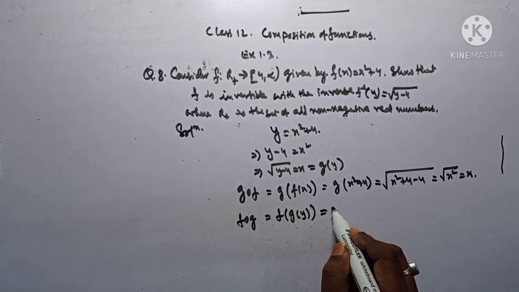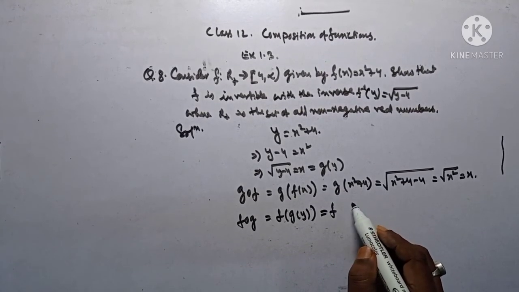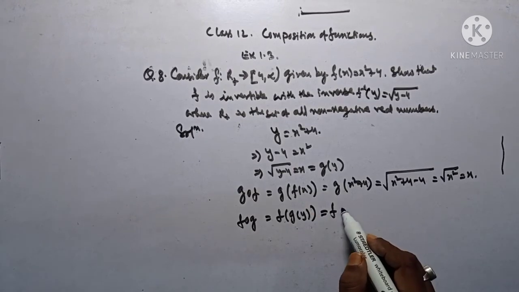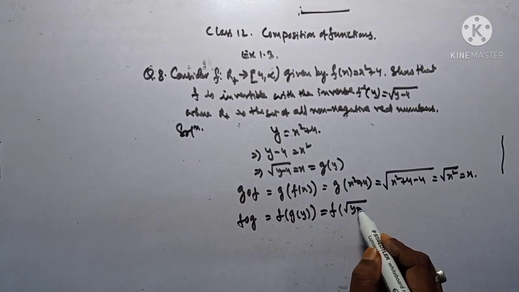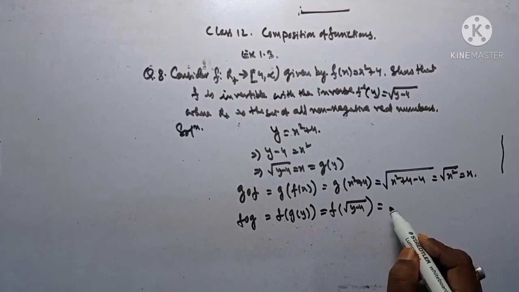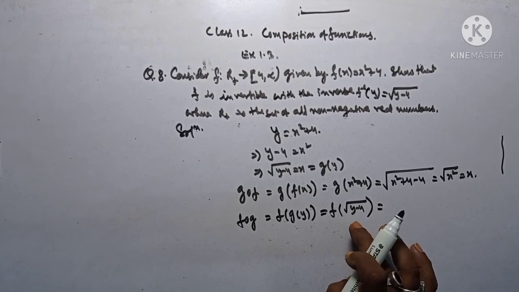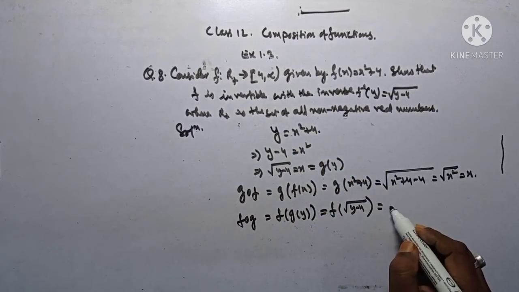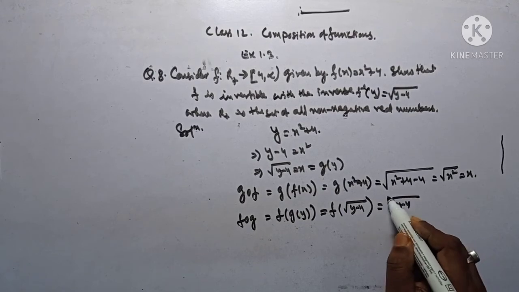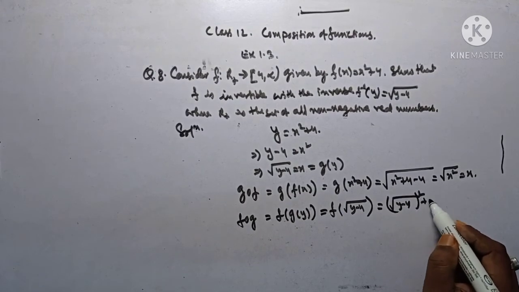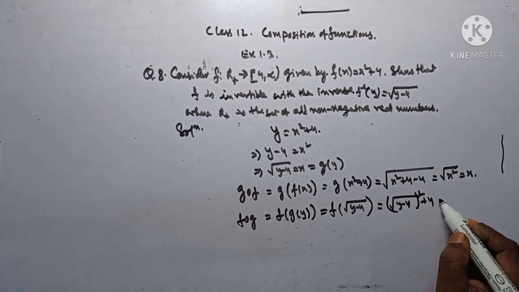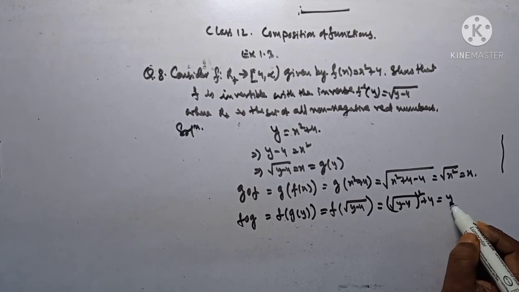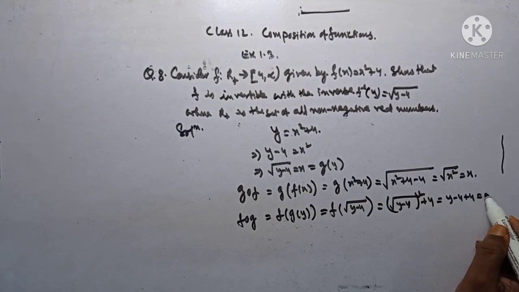So this will be f of g(y), root y minus 4. You place this value in this x, so this will be root y minus 4 the whole square plus 4, and this will be y minus 4 plus 4, this is y.